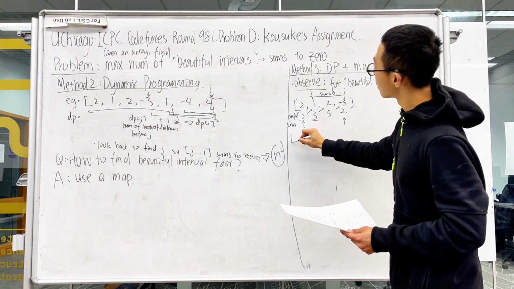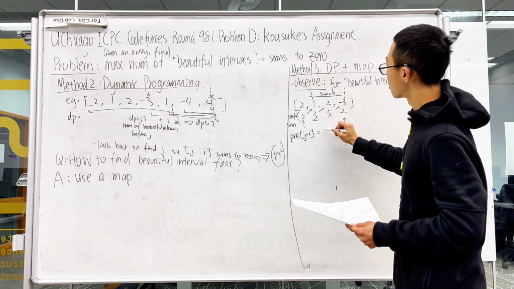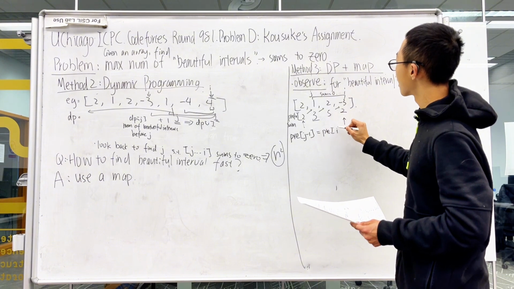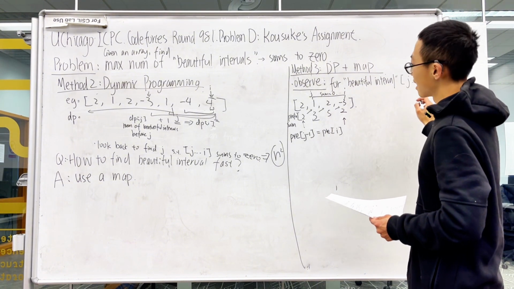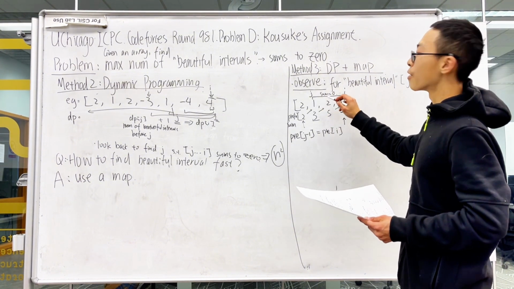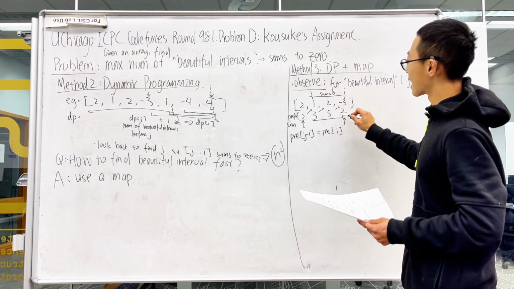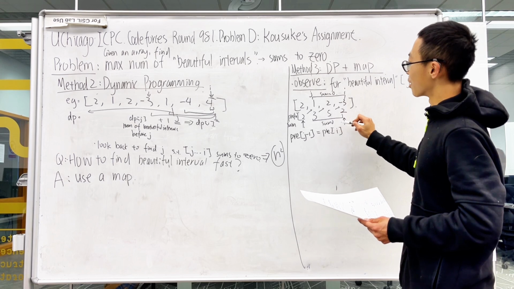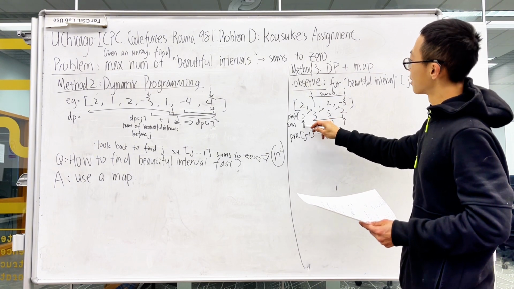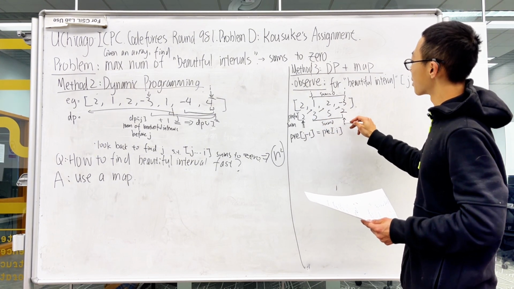So in the prefix sum, prefix[j-1] is equal to prefix[i] for a beautiful interval j to i. Why is that? Because a beautiful interval means the sum is 0. So in the prefix sum, we add a section of sum 0 to it, so it doesn't change the prefix sum. So 2 plus a sum of 0 is still 2. Voila!